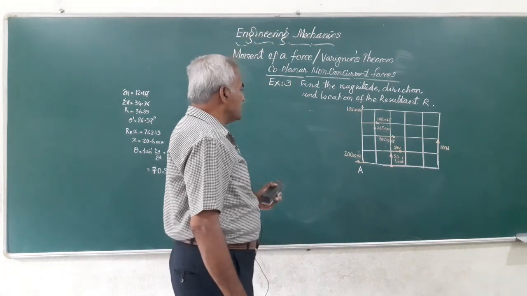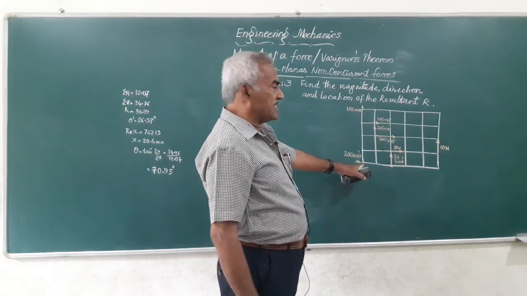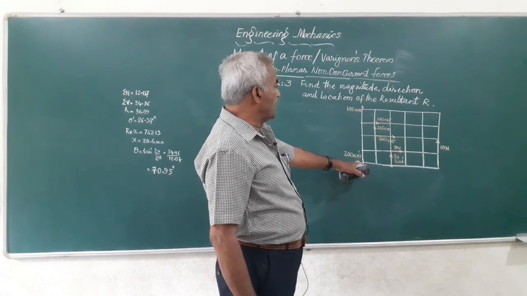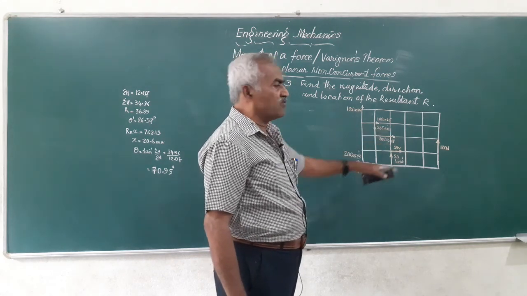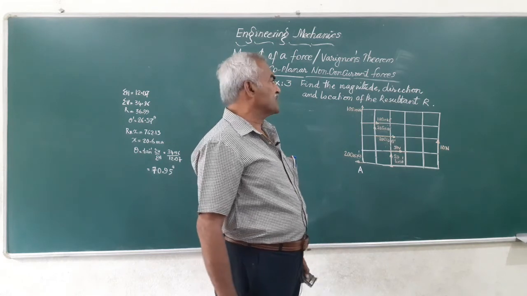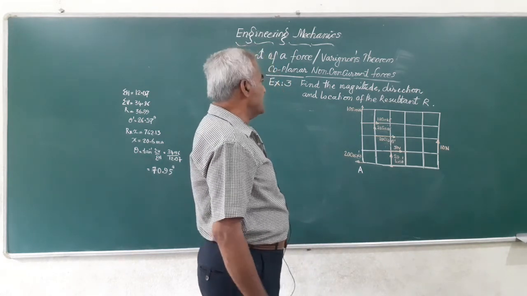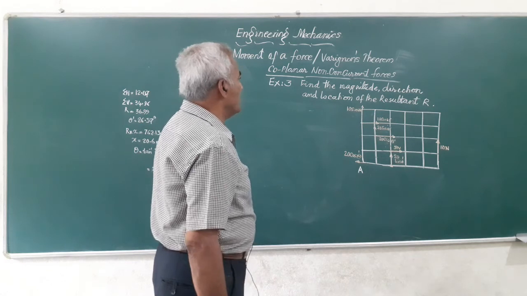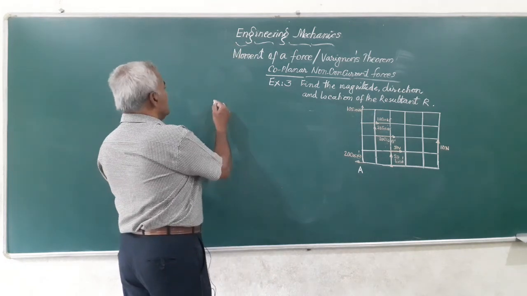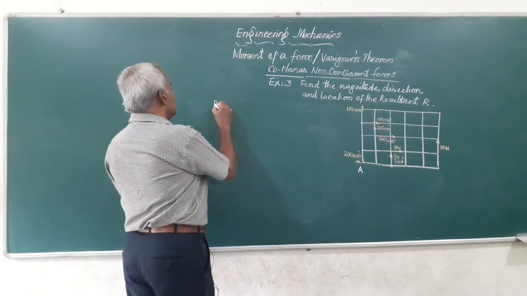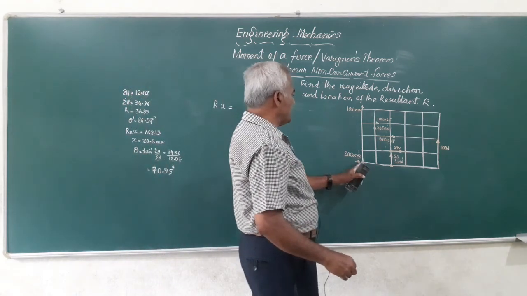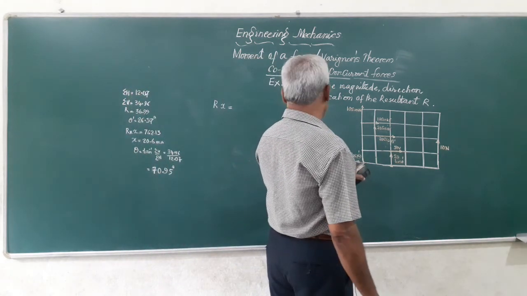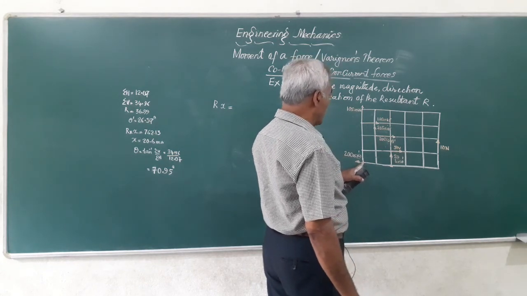So friends, for this I am going to take point A as the reference, and from here I am going to take each of these forces, find out the moments of all these forces, equate that to the resultant. Then you are going to get x, the value of x. Friends, the moment of the resultant is R into x. Rx is given by, I am taking moment of all these about the point A, the left and bottom corner.